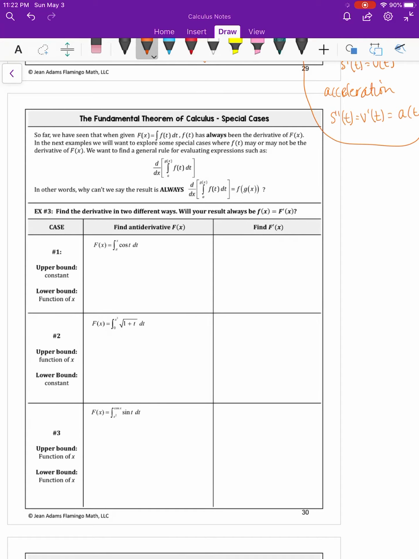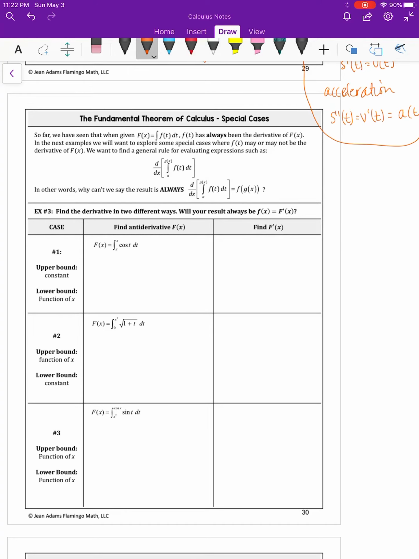Okay, so the fundamental theorem of calculus, special cases. So far we have seen that when given capital F of x equals the integral of f of t dt, f of t has always been the derivative of F of x. In the next example, we will want to explore some special cases where f of t may or may not be the derivative.